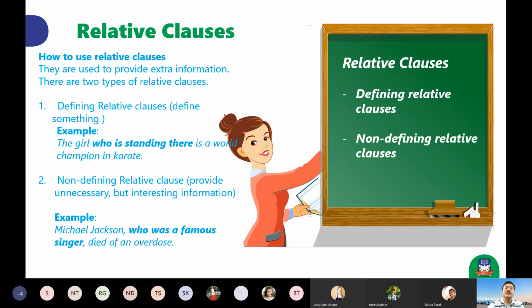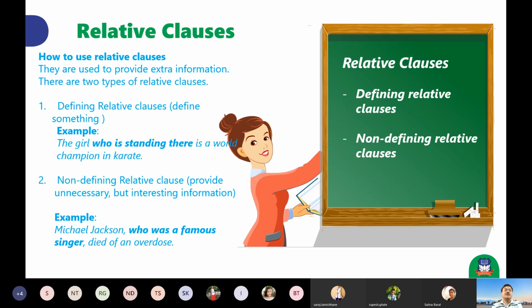Then, who is standing there, at the time of speaking. This way it is a defining relative clause. It defines the girl. Who is standing there is a relative clause. In other words, you can say this is an adjective clause, or a subordinate clause. And the girl is a world champion in karate is the main clause.